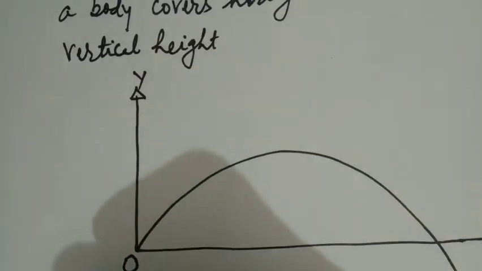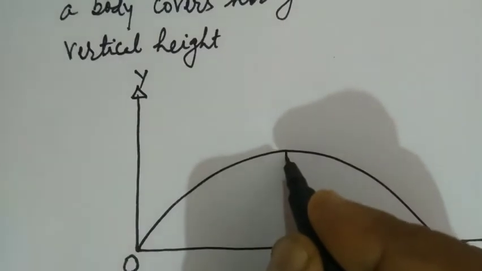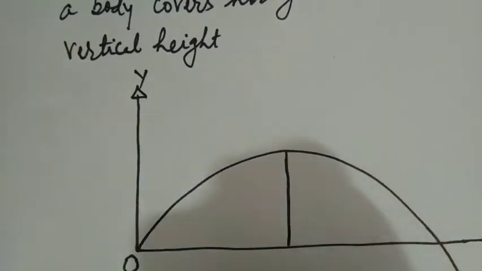Then the path followed by the projectile is the trajectory, which is parabolic.